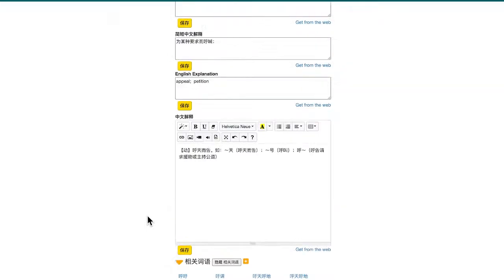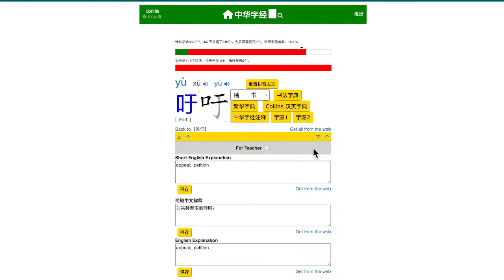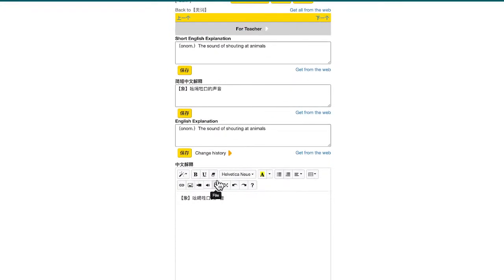Now the third pronunciation is also yu. When you say it, it's an onomatopoeia describing the sound of shouting at animals, like shouting to a horse to stop.